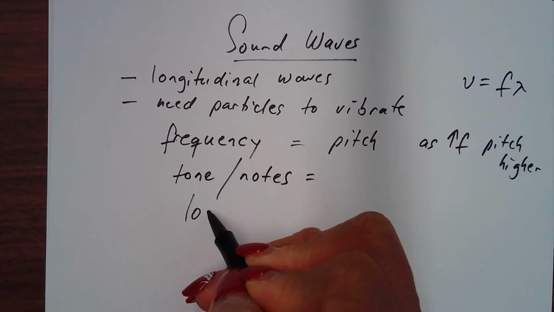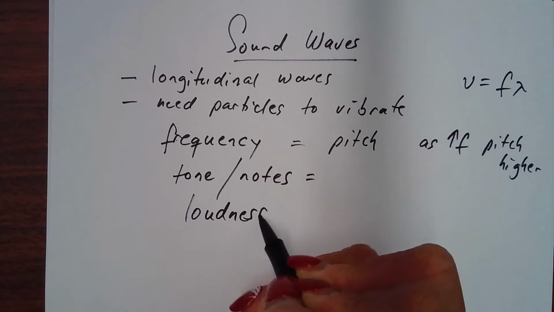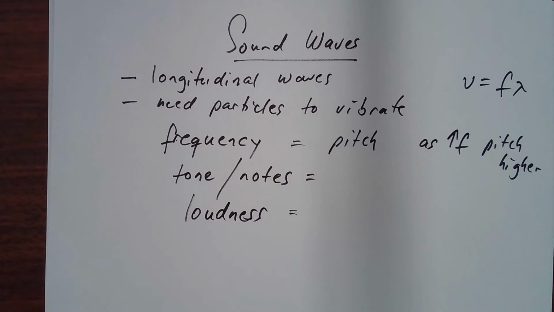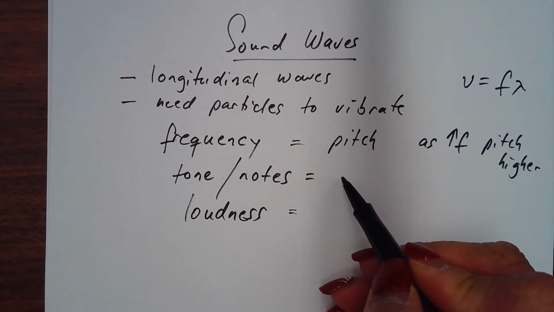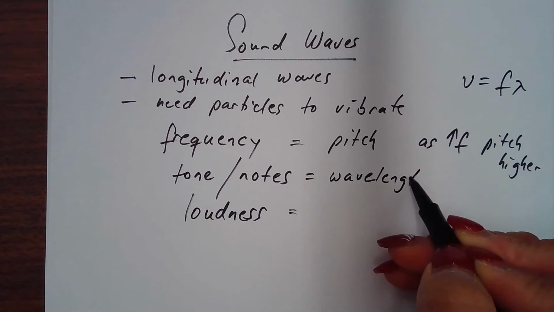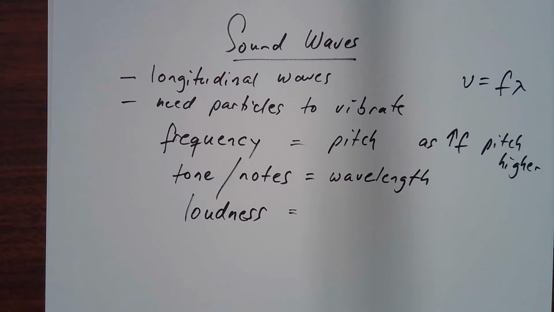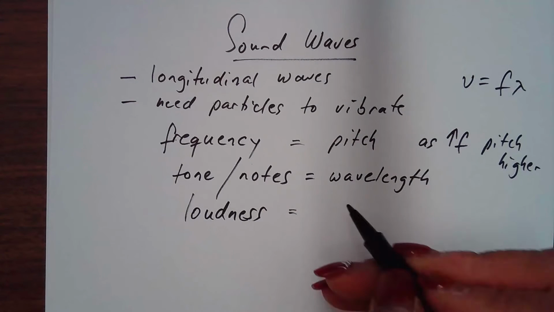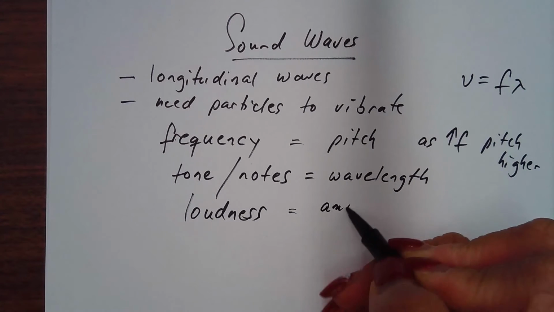Okay, so let's actually write down loudness as well, or the volume. Okay, so the note itself is actually the wavelength. So the wavelength is what changes, and it changes the notes. When you change the wavelength, it will change the tone or the note of the sound, right? Loudness would be the amplitude.